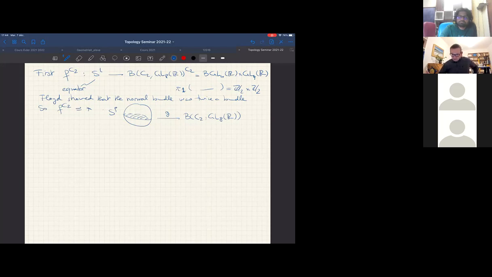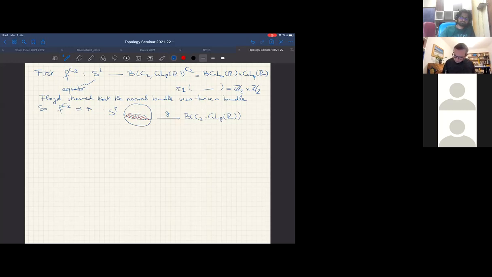Okay. So yes, so we can fill this. Not only is the equator sent to the fixed points, but we fill the whole equatorial disk and send it to the fixed point. So the whole part I drew in red now is sent to the fixed point of these classifying spaces by this argument.